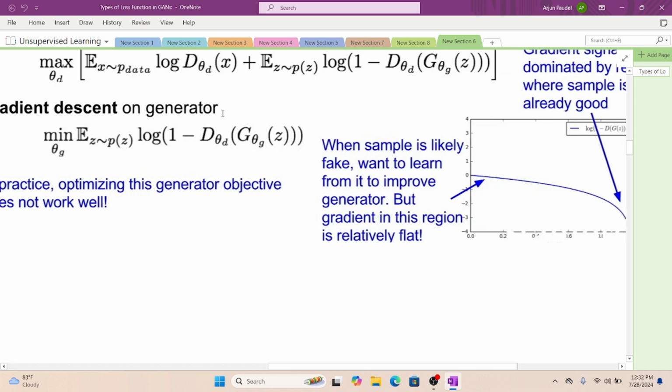So this generator objective does not work well. Because this is flat when the generator is performing very badly, the signals are not effective for the generator. So this loss does not help us in optimizing.